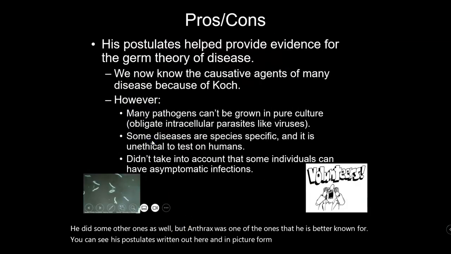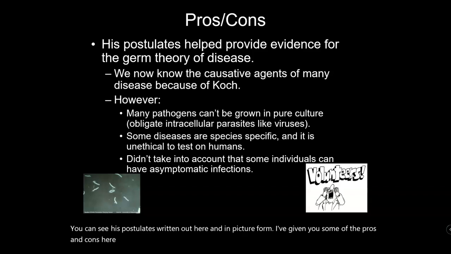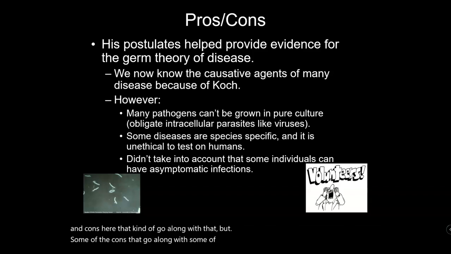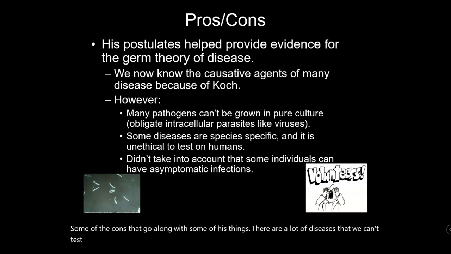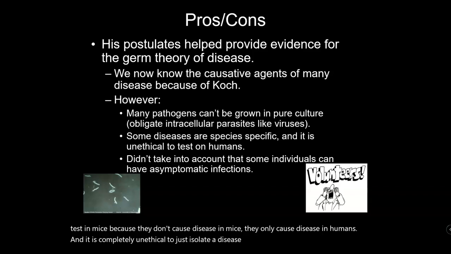I've given you some of the pros and cons here that kind of go along with that. Some of the cons: there are a lot of diseases that we can't test in mice because they don't cause disease in mice. They only cause disease in humans. And it is completely unethical to just isolate a disease from a person and inject that into a healthy human to see if it causes disease in a healthy human.